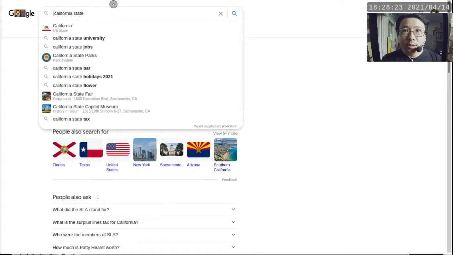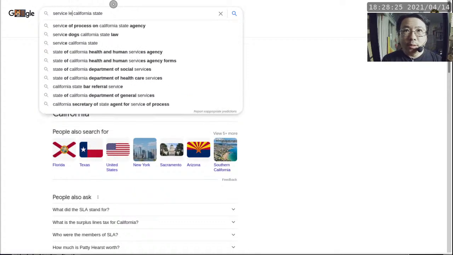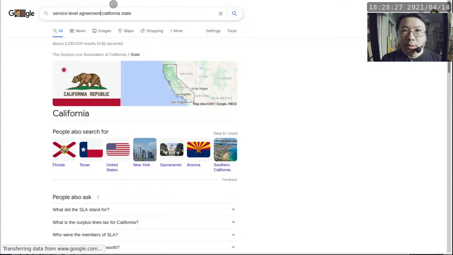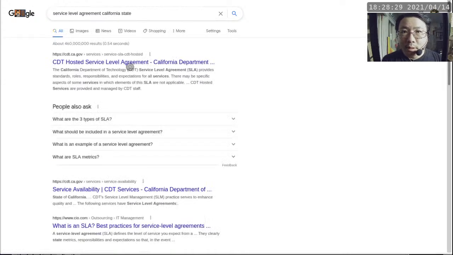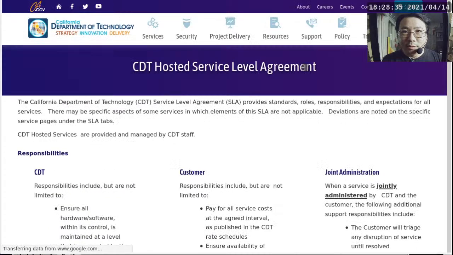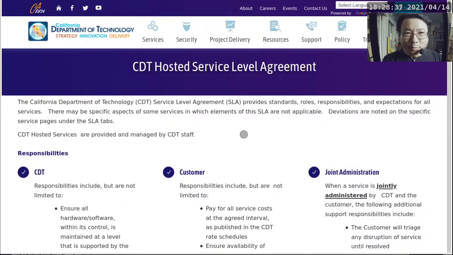Yeah, like service level agreement. Oh, okay. Well, brings us right to CDT's website. Hopefully, this loads quicker. Yeah, I was thinking if this loads like the CCCCO website, we have a problem.